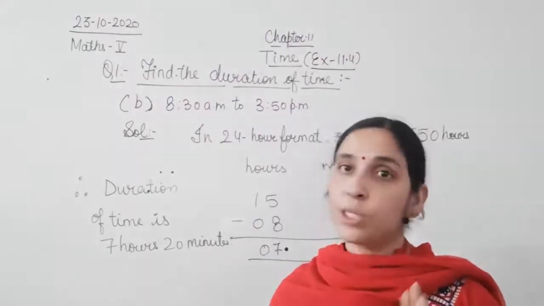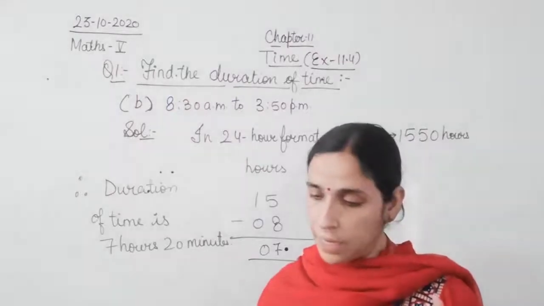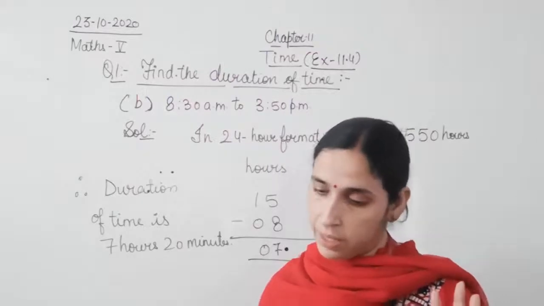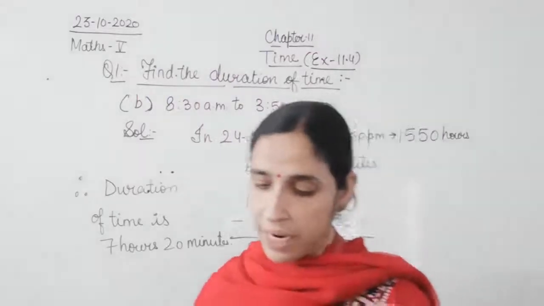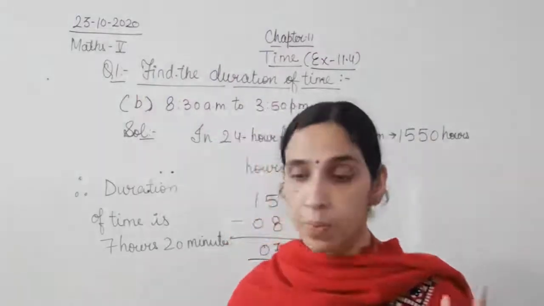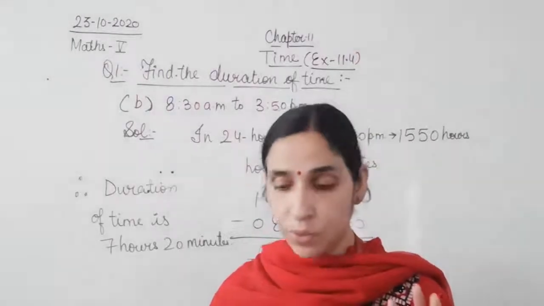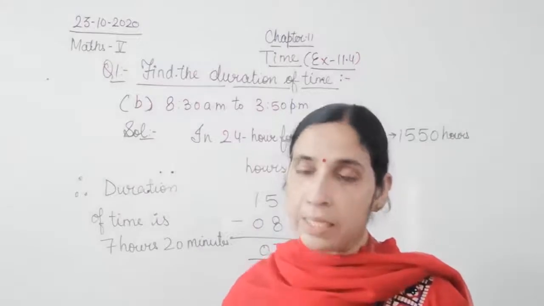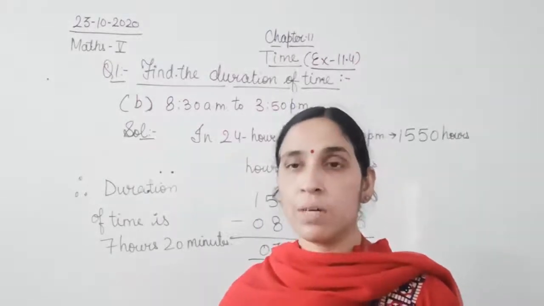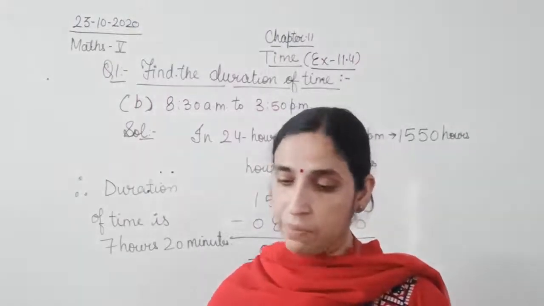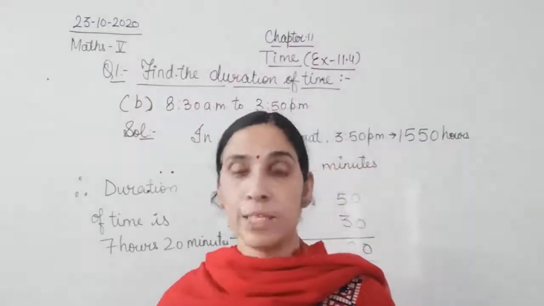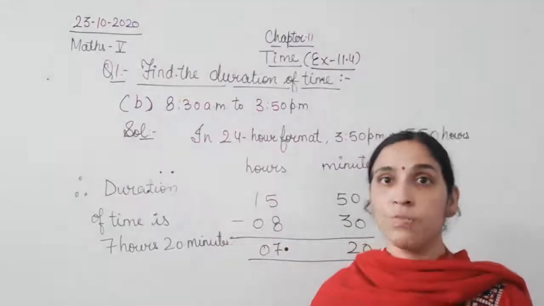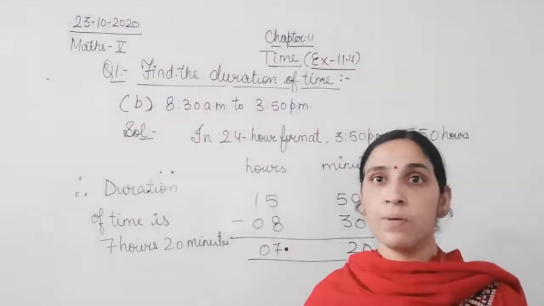So that we are going to take tomorrow. After that we will do word problems from exercise 11.4 tomorrow, and then we'll see if we'll finish our word problems. Then we will be starting with the subtraction of days tomorrow. So I hope today we have done duration of time and that will be clear to everyone.